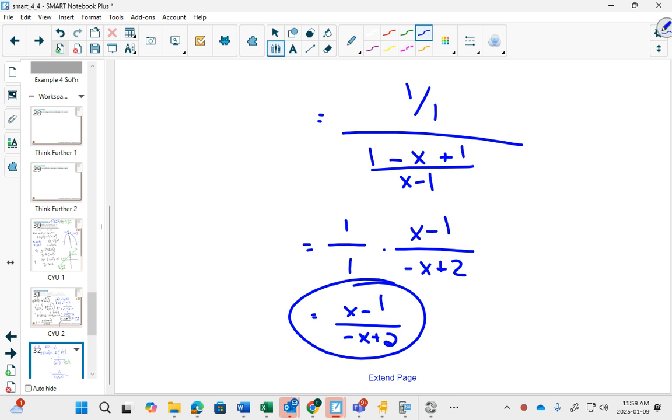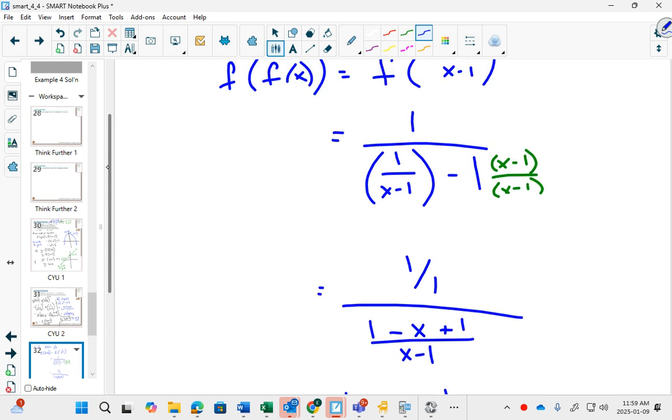The other reason I wanted to look at this question was to talk about the domain. See my final answer? What number is going to be bad? 2. Can you see that if you plugged in 2, that would be bad? However, if you just did that for your domain, you would lose marks on this question.